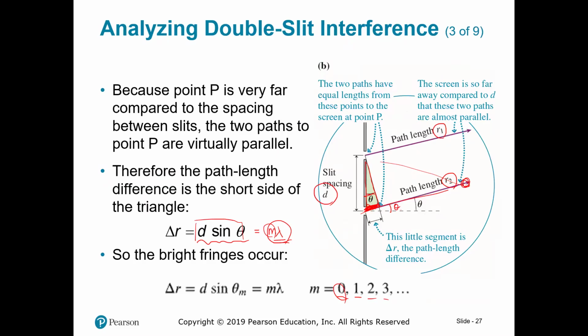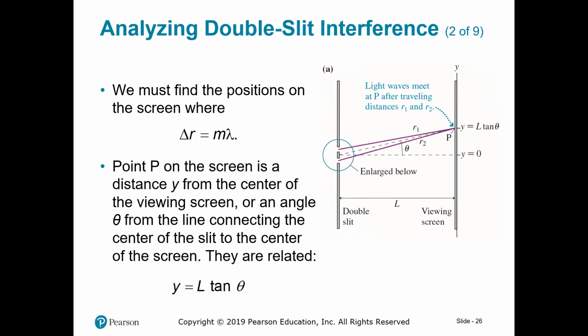Another condition we have is that there is the slit here, and basically we have our screen here. Make sure this spacing d is much shorter than the distance between the slit and the screen, so L is much larger than d. We can also find the relationship for this y, which is the location of the maximum point.